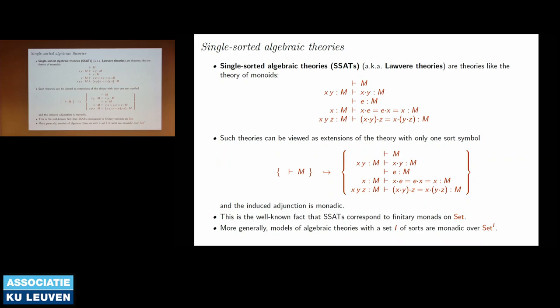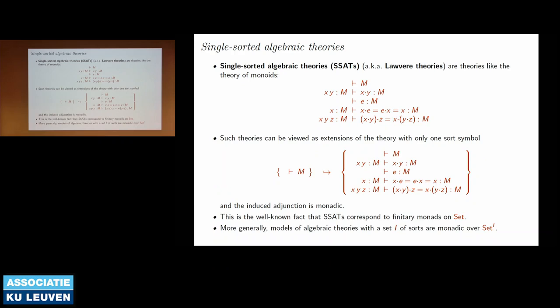And such theories can always be viewed as extensions of the theory with only one sort. And here the induced adjunction is always monadic. And this is the well-known fact that single-sorted algebraic theories correspond to finitary monads on Set.